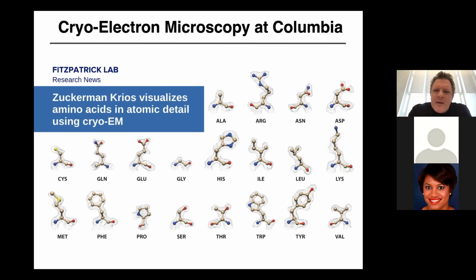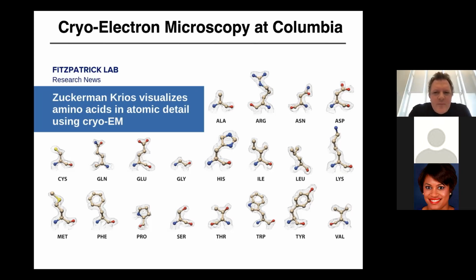And I think a couple of the key numbers are, if you can get down to a resolution of 4 angstroms or below, you start to resolve individual amino acids in your protein complex. And if you can get down past, say, 2 angstroms, you're starting to get into the range where you're starting to see individual atoms.